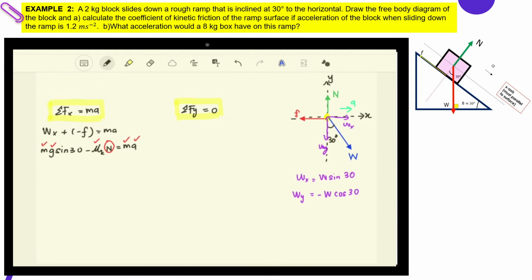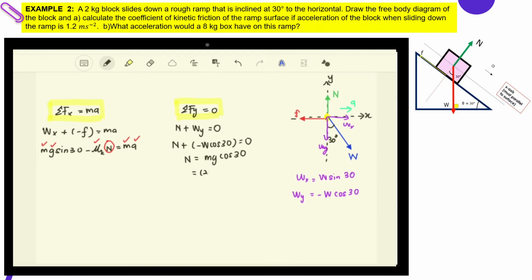Therefore, we write N plus Wy is equal to 0. Since we have put the negative sign on Wy because the direction is downward, we substitute: N plus negative W cos 30 equals 0. Therefore, N is equal to mg cos 30. We can straightaway calculate the value of N.